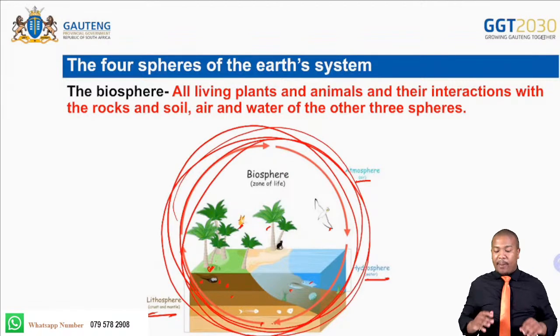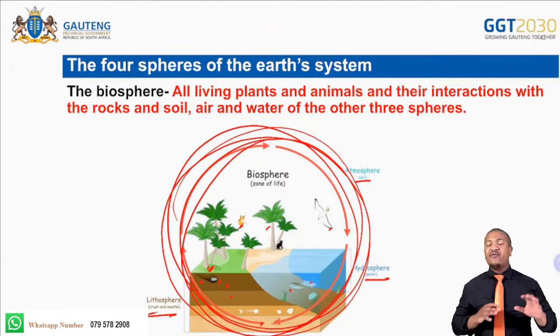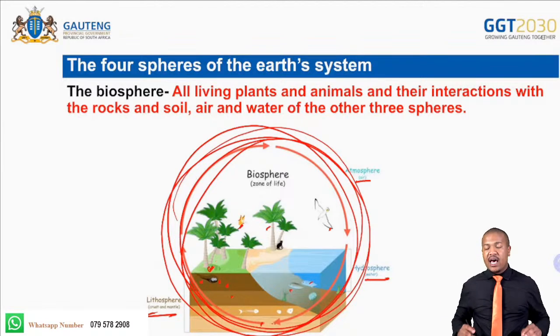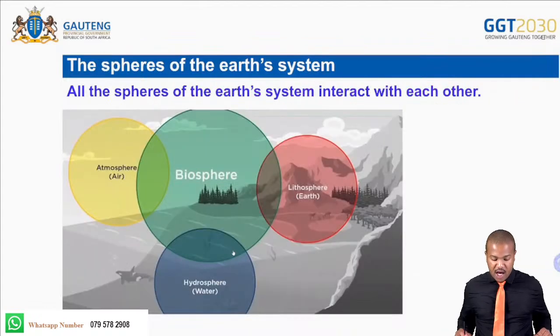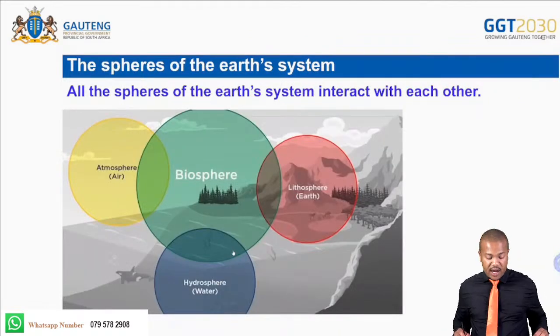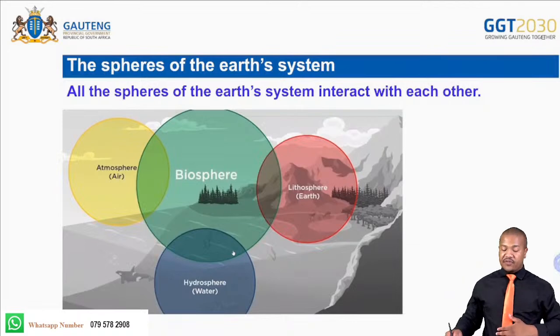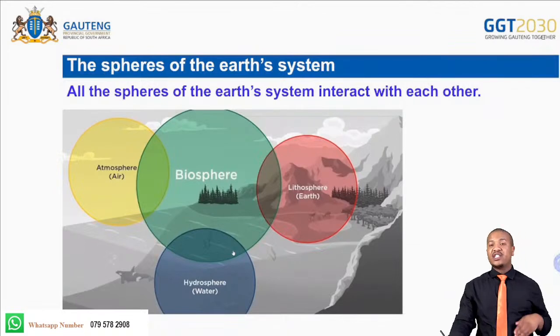It gives us our biosphere where we have now living things interacting with one another and also interacting with the non-living, right? As we said as well, all the spheres of the Earth system interact with each other. They are all interdependent on each other, right?